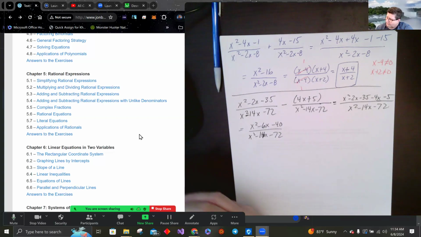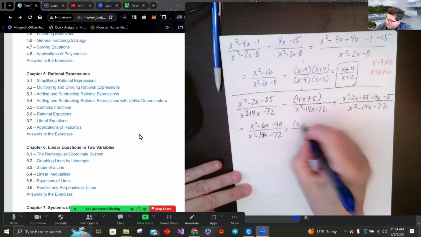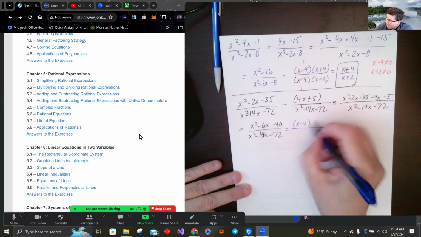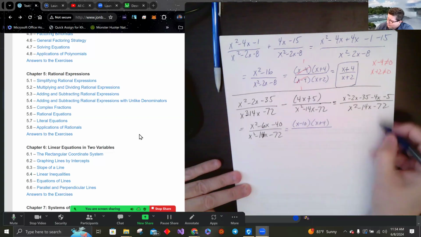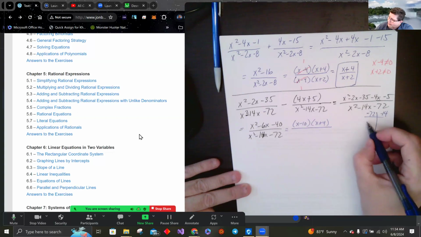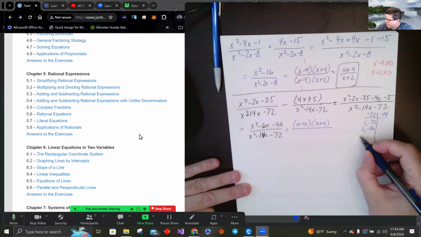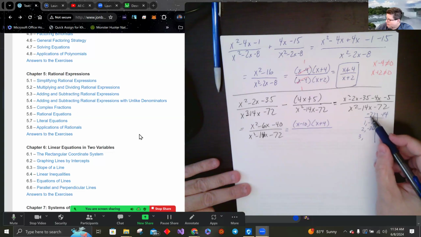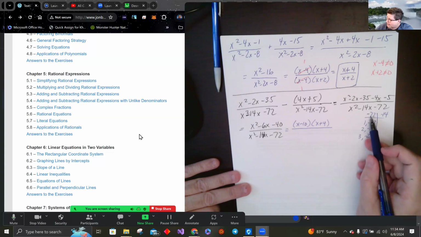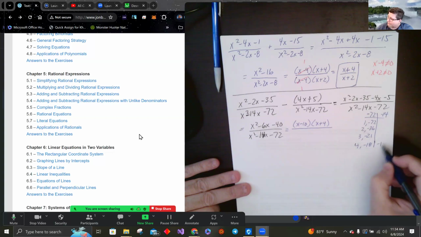Now this top one, I can recognize what it is. That's x minus 10, x plus 4. Let's see, the bottom multiplies to negative 72 and adds to negative 14. 1 and negative 72, no. 2 and negative 36, no. 3 goes in 24 times, that's not it. 4 goes in 18 times, there we go. 4 and negative 18 add to negative 14.